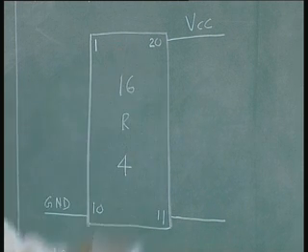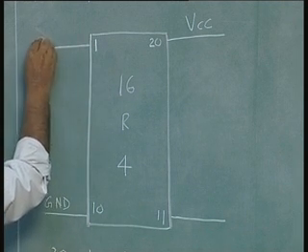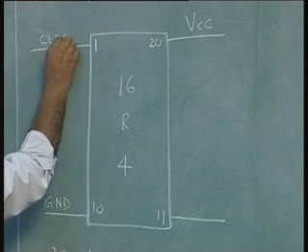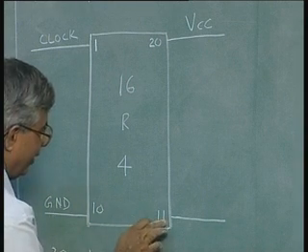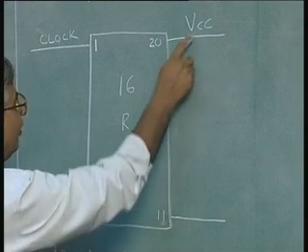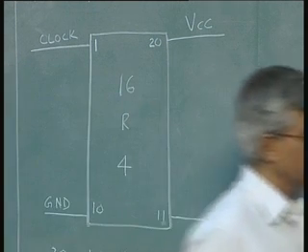This is how it is organized. One is the clock pin. You will see the explanation as we go along. Clock is required, as I said in the previous case, in the registered output case.